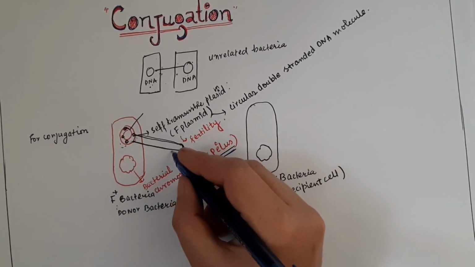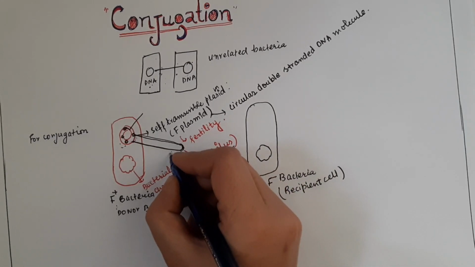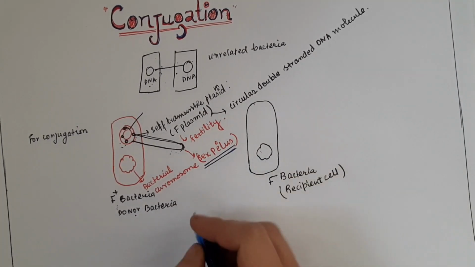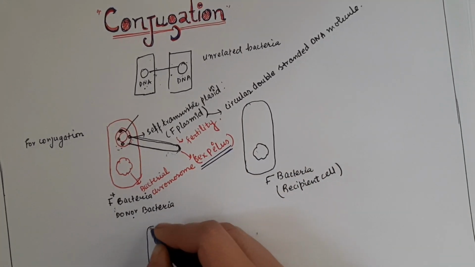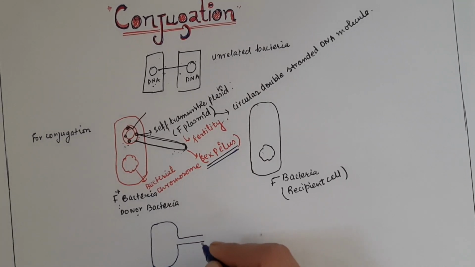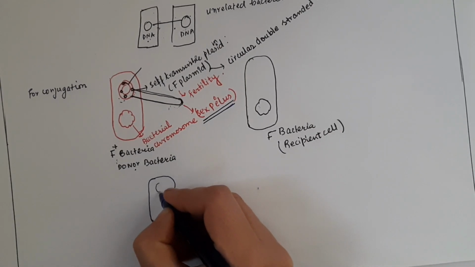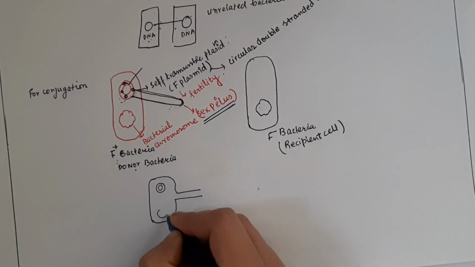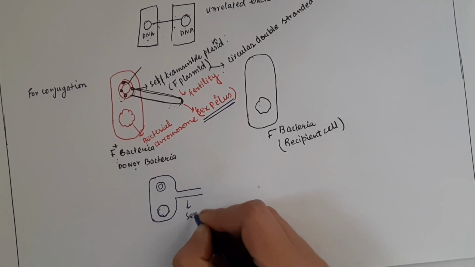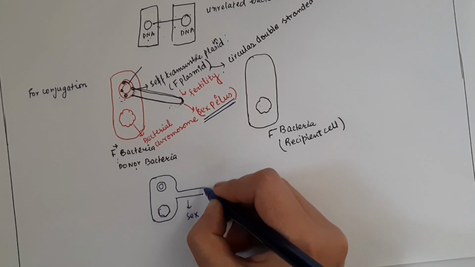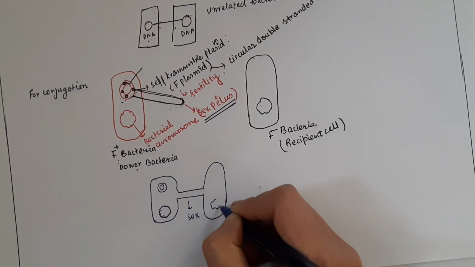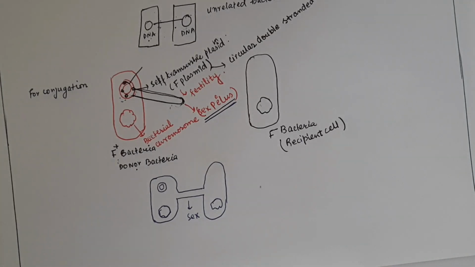This long protein protrudes from the cell surface of the donor bacteria, the one that has the plasmid, and gets attached to the cell surface of the other bacteria that does not have that plasmid.